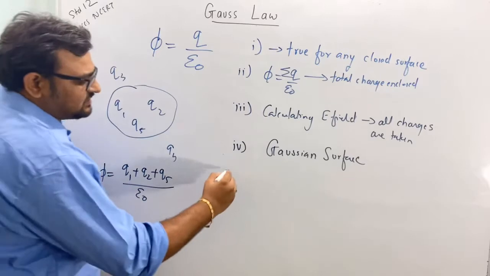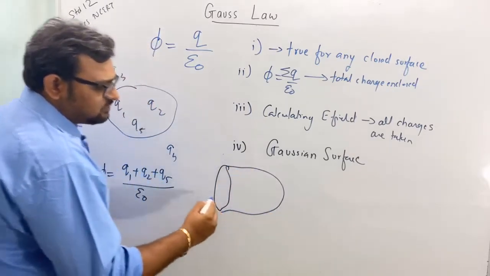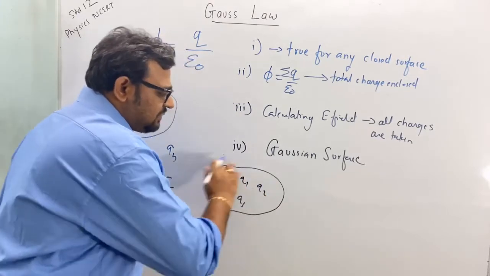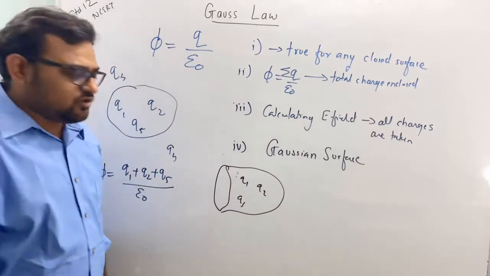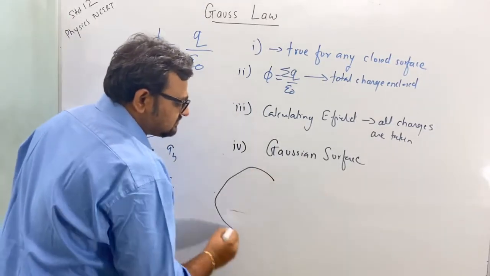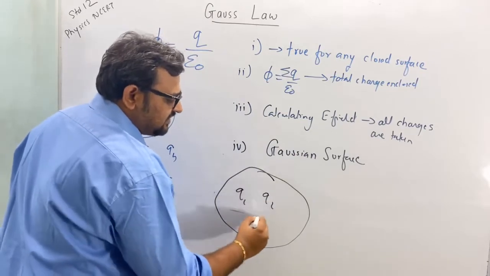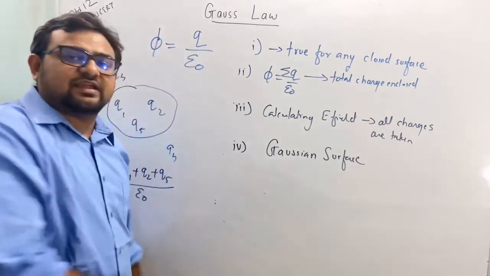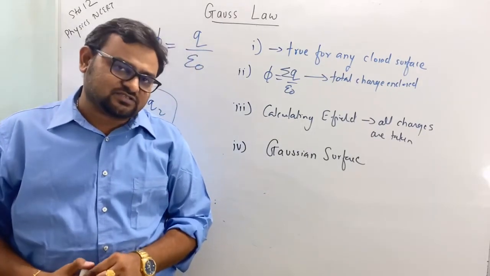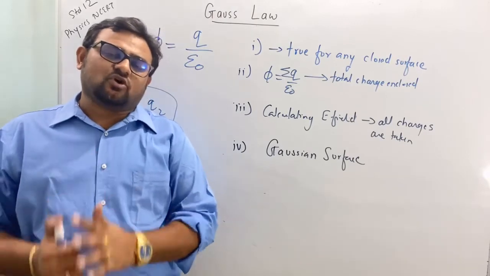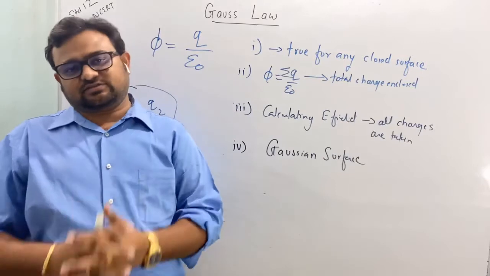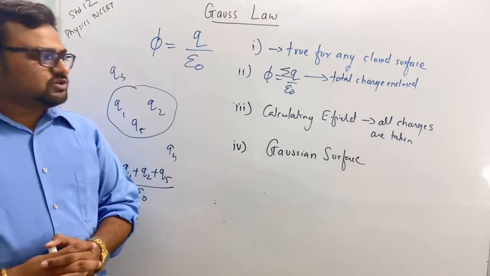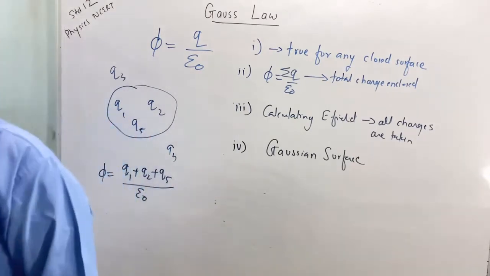If I select an area like this, and the charges are here, then this surface is called the Gaussian surface. So the area that we select to calculate the flux using Gauss law is called the Gaussian surface. These are the four important points related to Gauss law. So just go through these points.